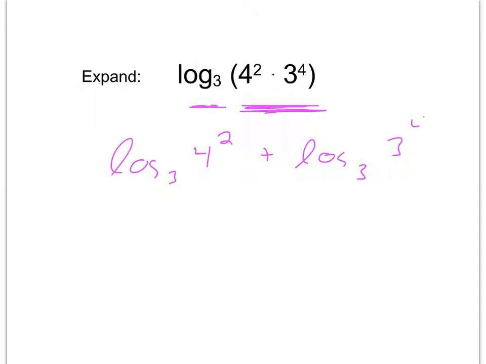Okay, so if I say expand this log, we're going to write this out as more than one log. We're going to start by using our product property. So I'm taking log base 3 of 4 to the second times 3 to the fourth. I'm going to rewrite this as log base 3 of 4 to the second, plus log base 3 of 3 to the fourth.